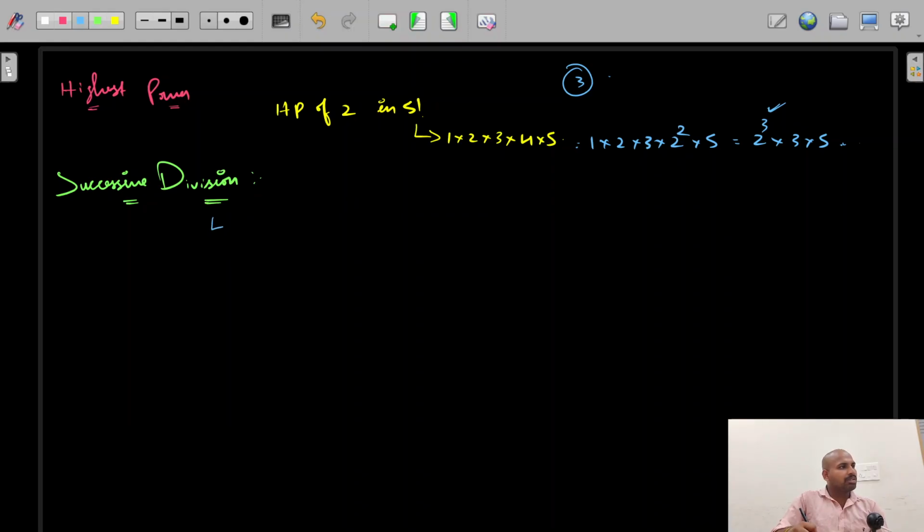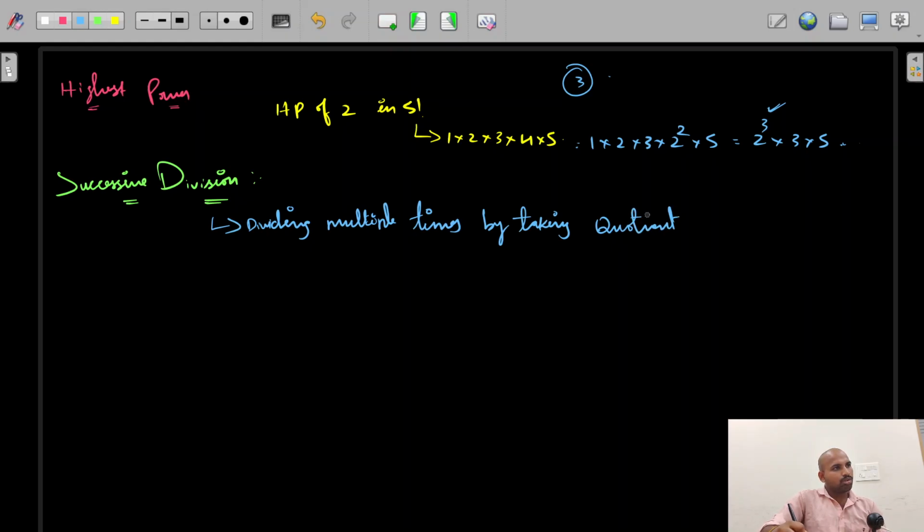What is meant by successive division? It means dividing multiple times, taking the quotient alone.